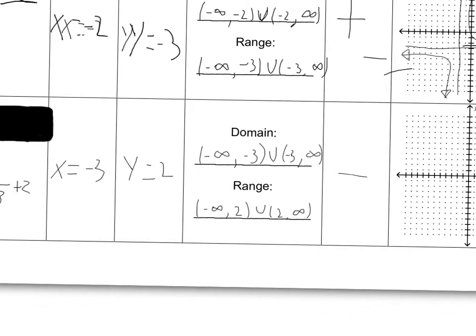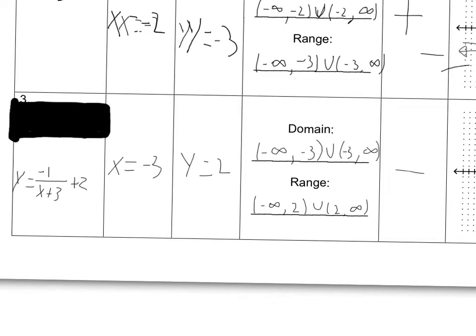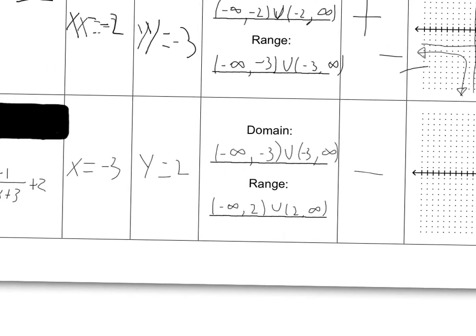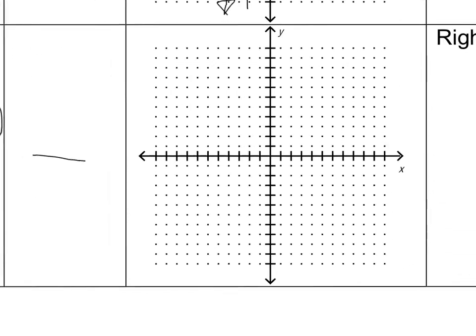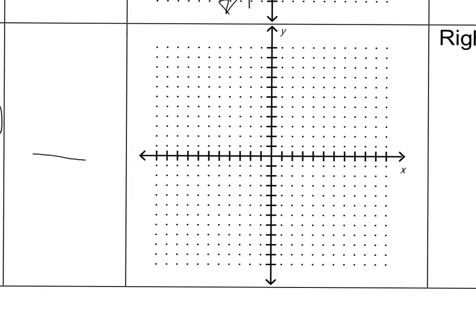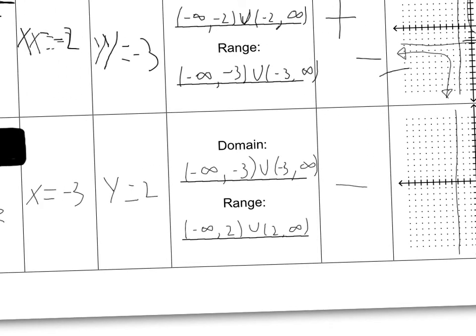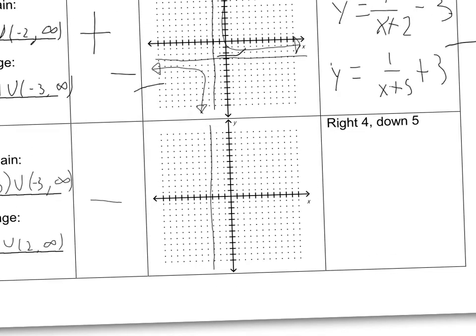You look right here at your vertical and horizontal asymptotes. So x equals -3. And y equals +2.